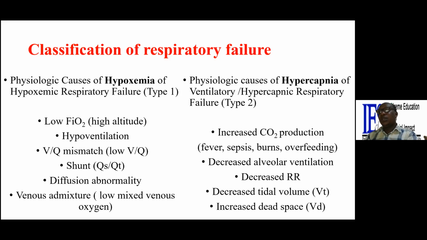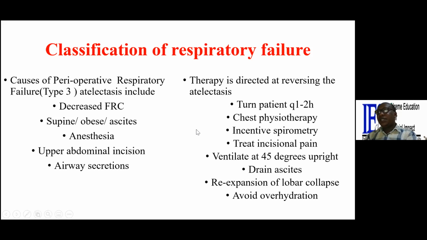So let's go on the next slide and we continue with the causes. So for the third one, as we thought in perioperative respiratory failure, where your patient may have atelectasis, your functional residual capacity will decrease.